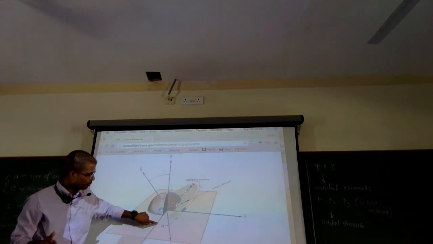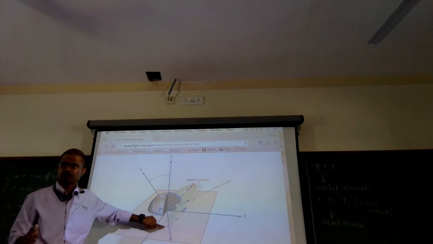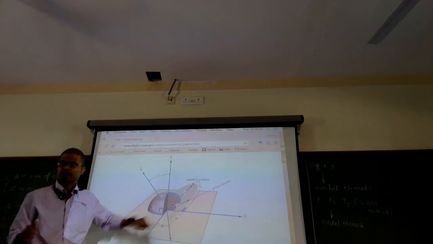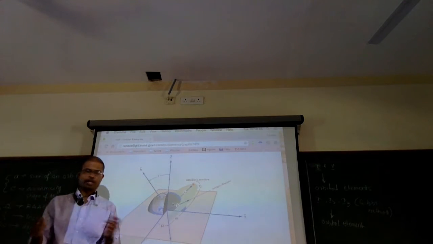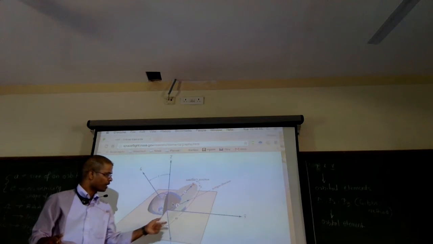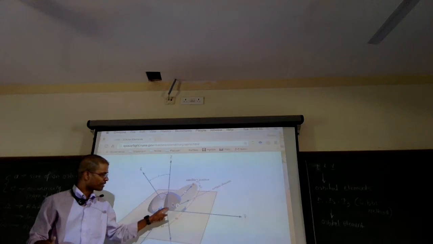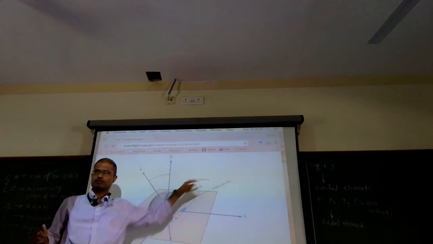That rotation would be about this axis, through this angle. You visualize that? If you rotate about the Z axis, that rotation would be this rotation. And then this would be the new x axis, and the new y axis would be somewhere here.